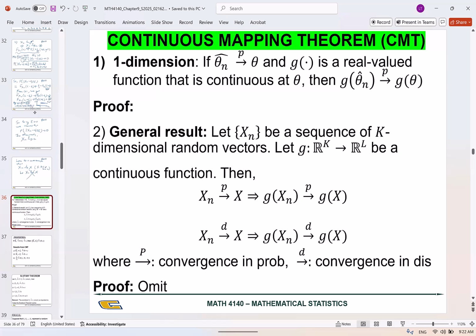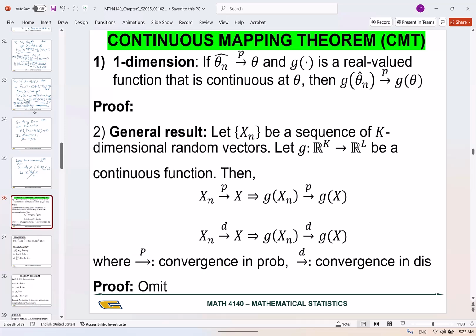It's a beautiful property. If you talk about the proportion, X bar in the proportion case converges to p, and then X bar times 1 minus X bar also converges to p times 1 minus p. All those things can be applied.